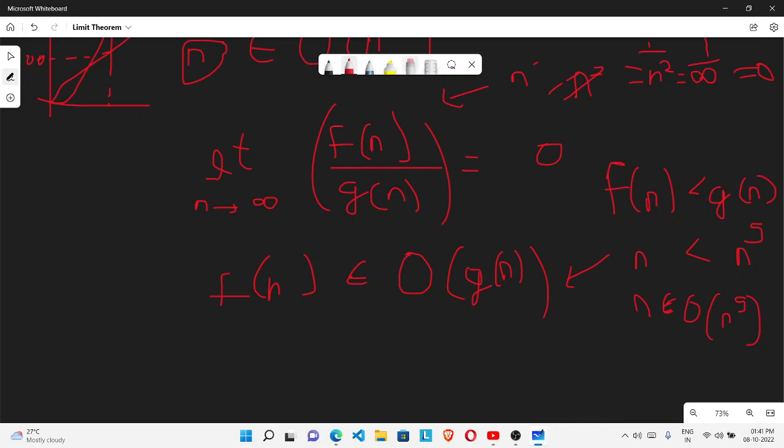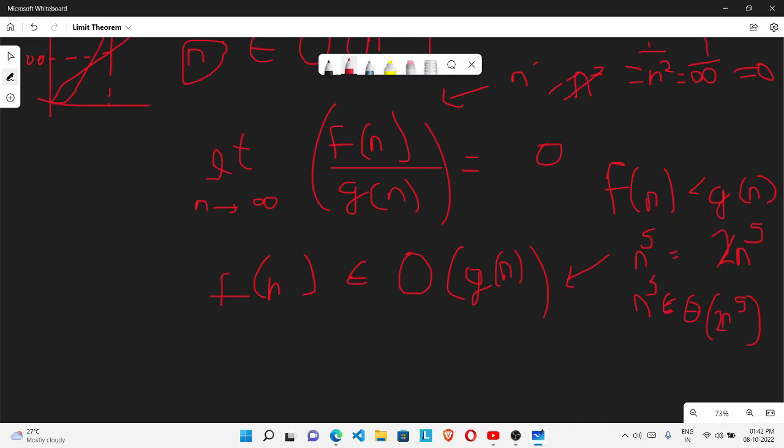Alright, and if it's a constant, that means both the functions are of the same magnitude. So n raised to 5 is similar to 2n raised to 5, right? In asymptotic notation, we don't consider these constants. So we neglect them and we write theta. n raised to 5 belongs to theta of 2n raised to 5.